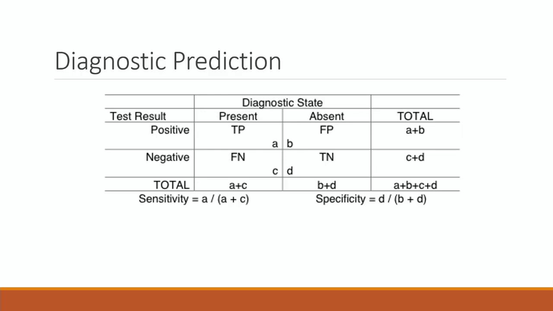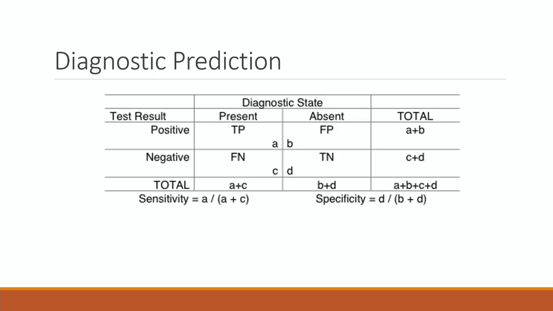All right, so let me go into some of the details and the math behind this. What we've got in this figure here is the diagnostic state on top, whether it's present or absent. That's really the gold standard, if we know that the person has it or they don't. And then on the left column, we have the test result, whether it's positive or negative.